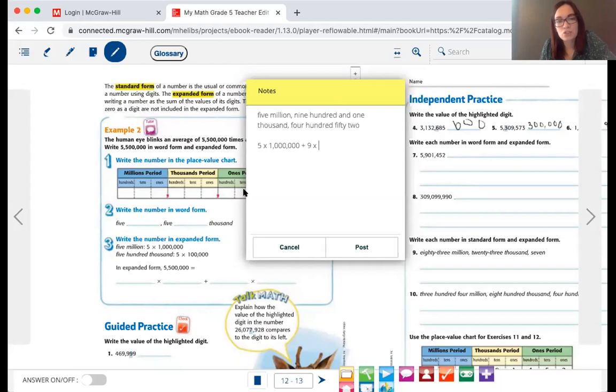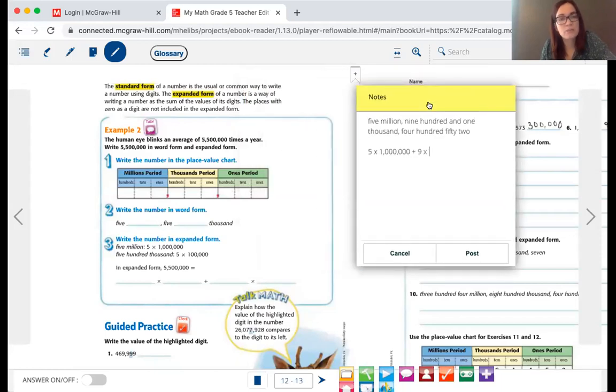And if I'm not sure how many zeros to put in, I see that the 9 is right here, and I see I put a 1 there, and I need 1, 2, 3, 4, 5 zeros. So I do 1, 2, and a comma, then 1, 2, 3. Okay. So I use this place value chart to help me out.